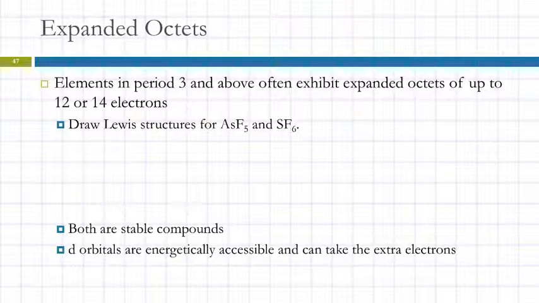So the arsenic's going to go in the middle, and then we've got 5 fluorines. And so these are going to go around, and normally we just have top and bottom, right and left, but now we've got a 5th one, so we're going to have to squeeze it in here.